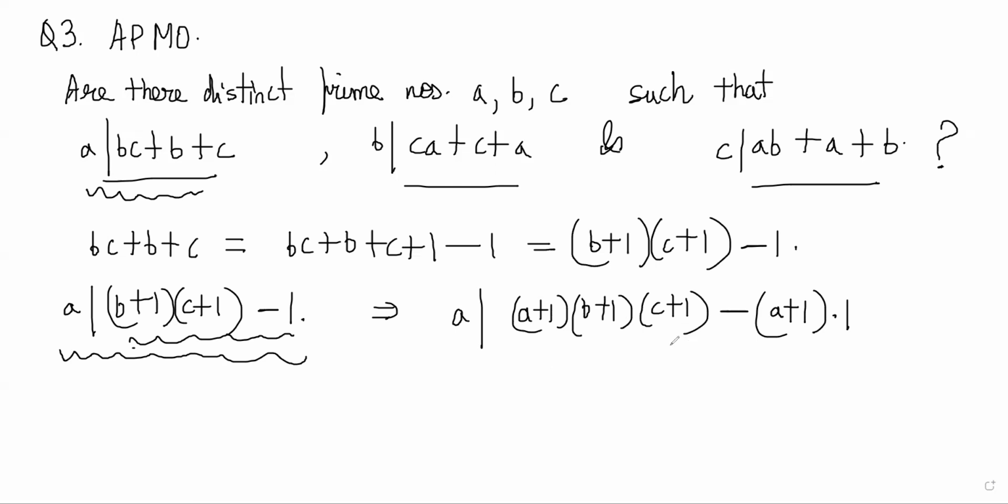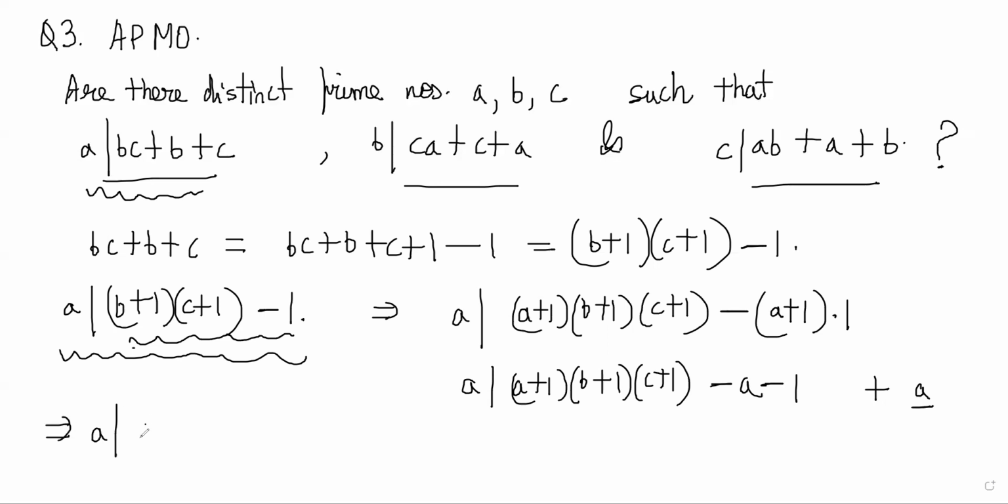And now from here, what we can conclude is A divides (A plus 1)(B plus 1)(C plus 1) minus A minus 1. Obviously, if I add A to the right hand side, it will still be divisible by A, because A itself is divisible by A. So I will just add plus A to this, which implies A divides (A plus 1)(B plus 1)(C plus 1) minus 1.